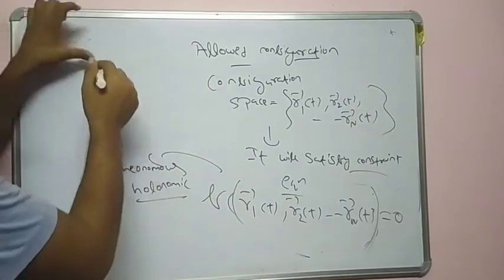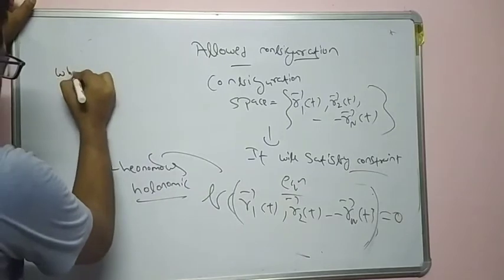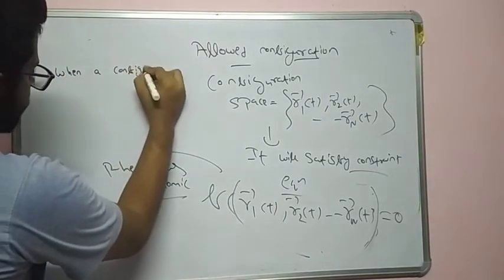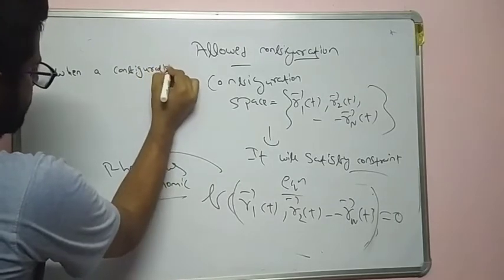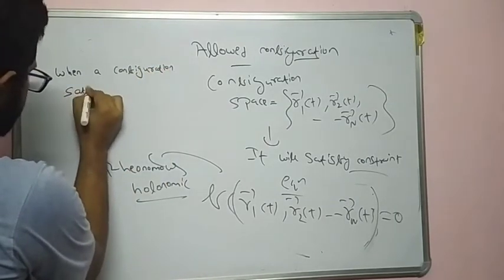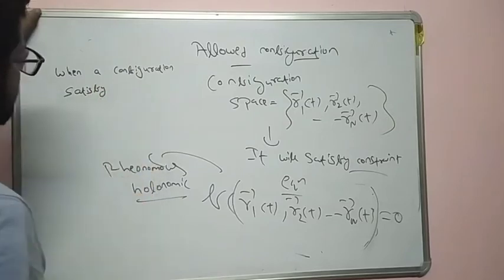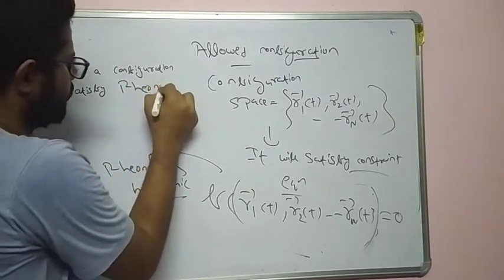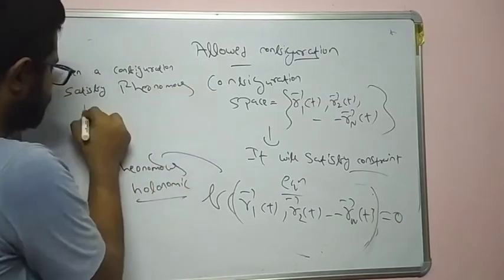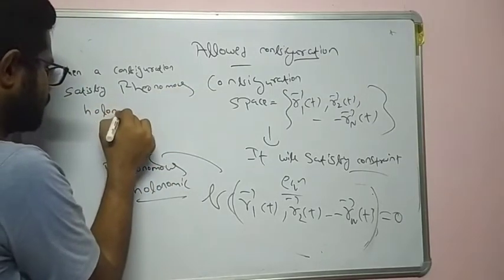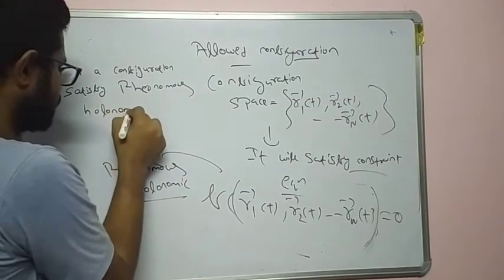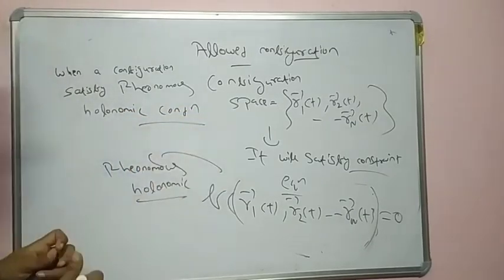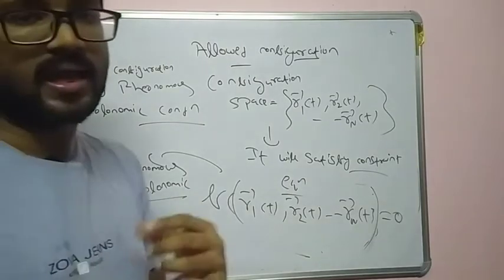So you can write the definition also: when a configuration satisfies the rheonomous holonomic condition, then that configuration is called allowed configuration.